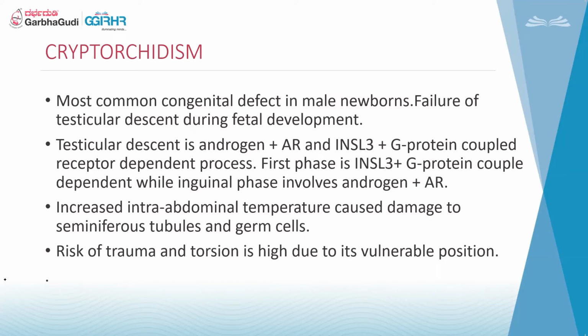If the testicles do not descend, the increased intra-abdominal pressure causes damage to the seminiferous tubules and the germ cells. And because of the vulnerable position of the testes at the root of the scrotum, they are more likely to have torsion or trauma.